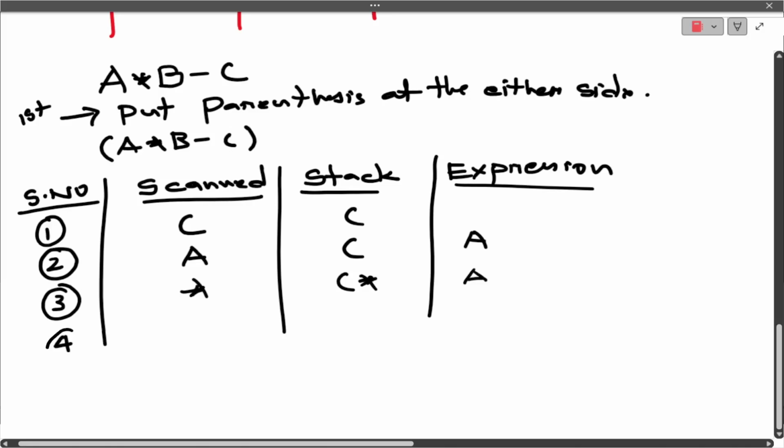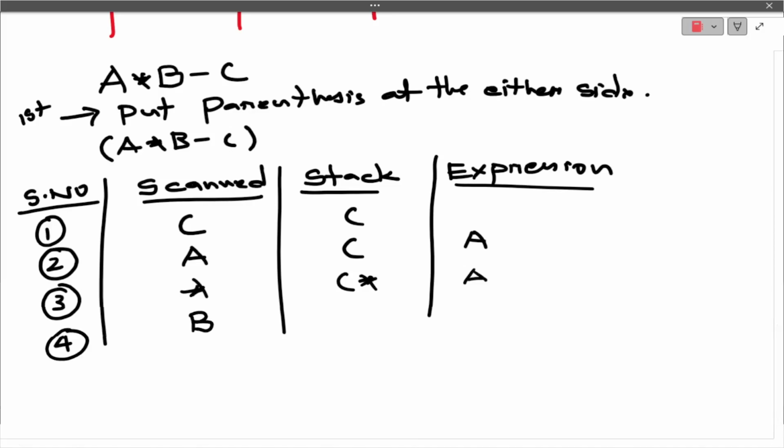Now number 4, what will happen? I will be storing B. Okay, this is scanned. Now in stack, I will not be storing anything. It will be directly stored in expression. Now they're coming after subtraction. As you may observe, here we do have an asterisk, and we have the subtraction.